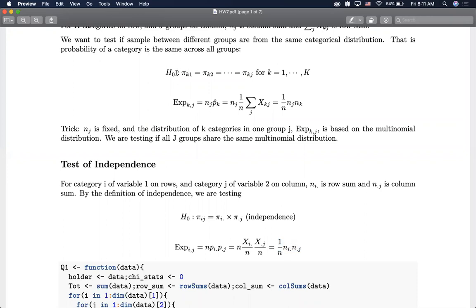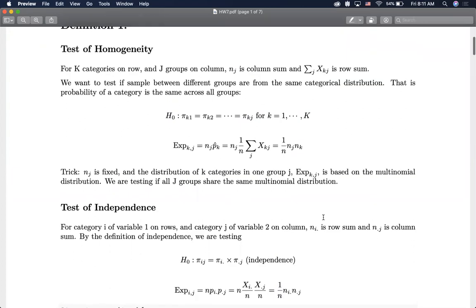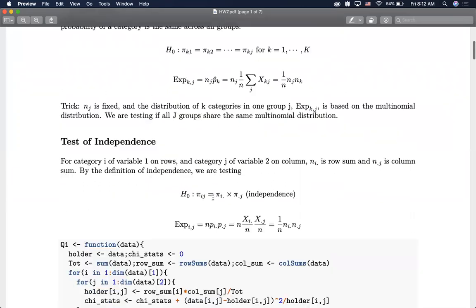Even if you start with a different type of null hypothesis, you will end up with the same test statistic, but the meaning of the test statistic may not be the same, even if the final formulation is the same. So this is the formulation for these two types of tests.